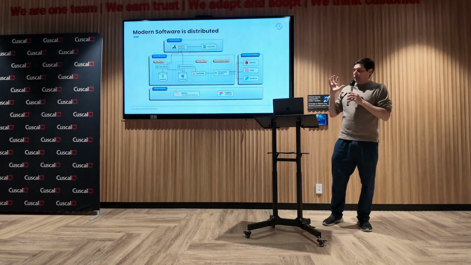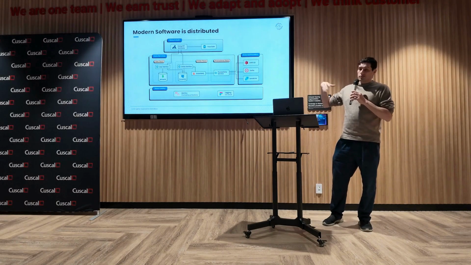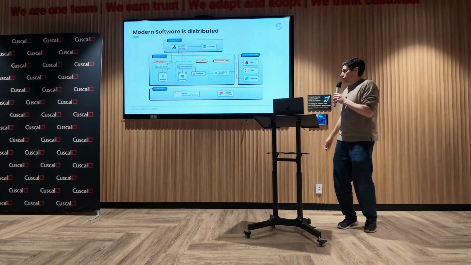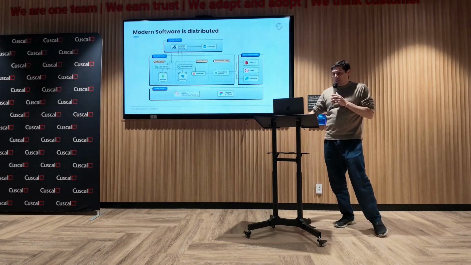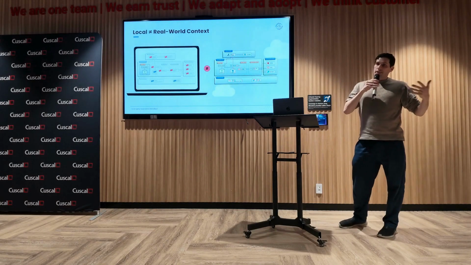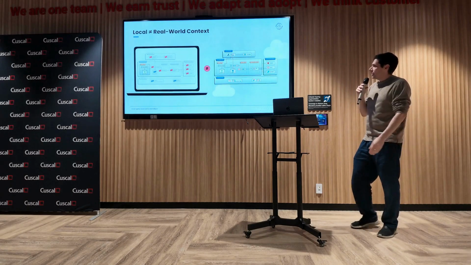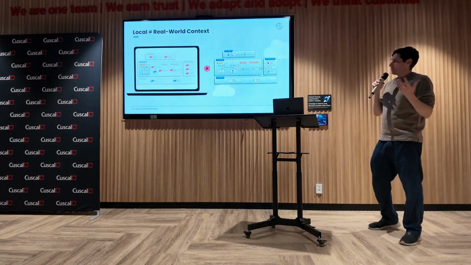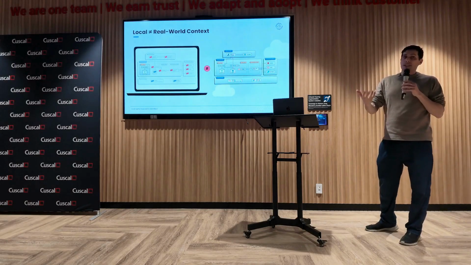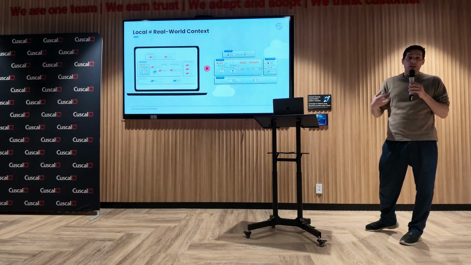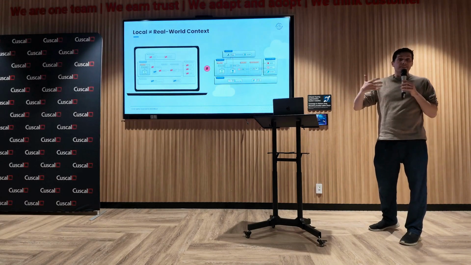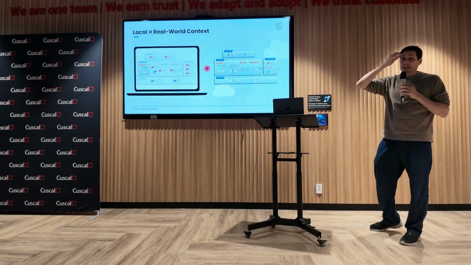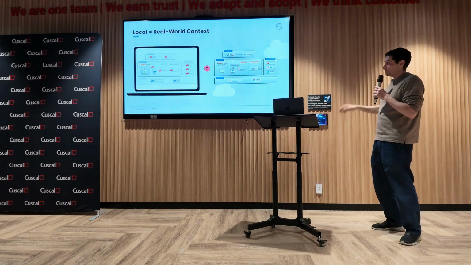There are a lot of good reasons to deliver software applications and systems in this manner, but there are also some downsides compared to how we built software a number of years ago when it was a little more monolithic. One of the big downsides is when it comes to testing the behavior of the software in a way that is similar to how it is going to behave in a production-like environment.